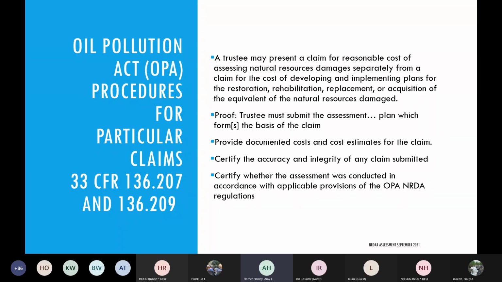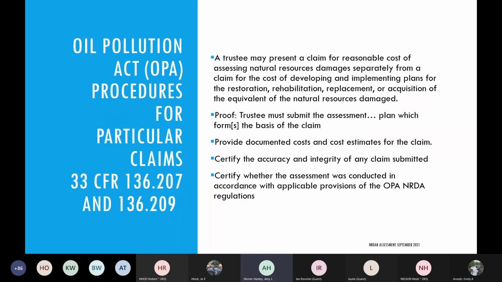And one of the reasons I did that is because the OPA NRDA regulations don't discuss an assessment plan. They discuss assessment and the requirements for what the trustees must determine. But in those sections of the NRDA regulations, it doesn't require a plan. The only plan that's required under the OPA NRDA regulations is a draft and final restoration plan.